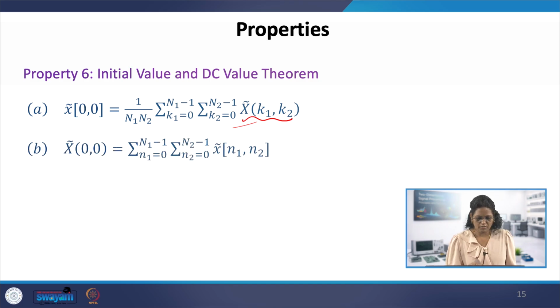If we want the DC value, then sum it over all the samples from n1 to n2 of this particular period and get the average value, that is x tilde, which is nothing but the DC value. From that DC value, if you want to know the initial value, you can sum it over k1 to k2 and use the equation to get the initial value. So the initial value can be obtained from the coefficients, or if you know the sequence, then the DC value can be obtained.